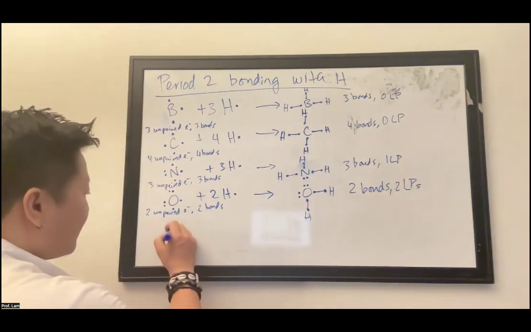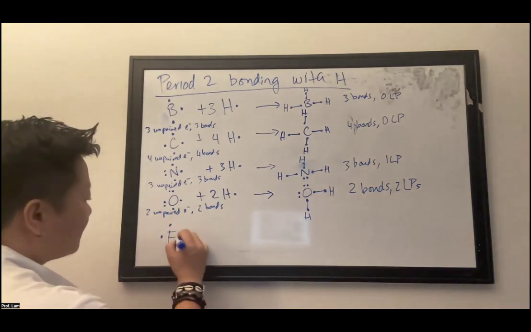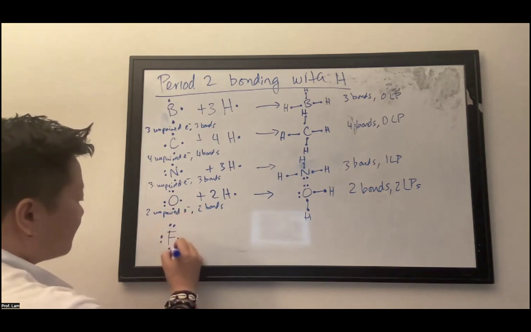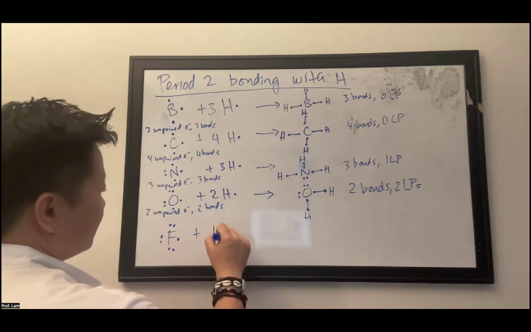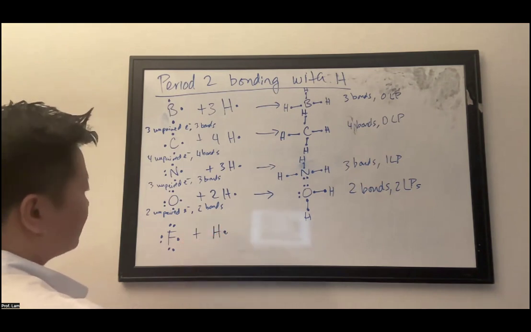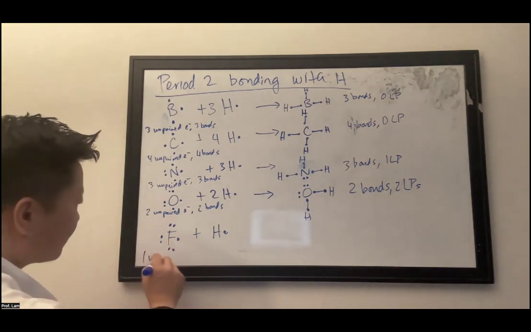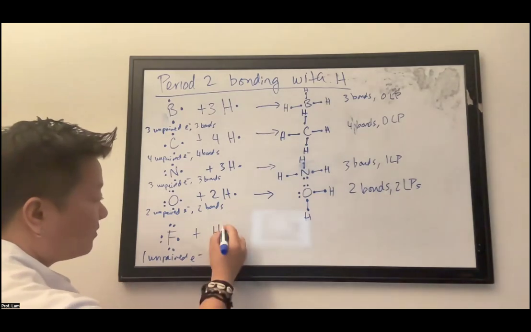Lastly, fluorine, that's 7 valence electrons. 5, 6, and 7. Plus 1 hydrogen. Once you do this, you see that there's only 1 unpaired electron. And that's why you only bring in 1 hydrogen.